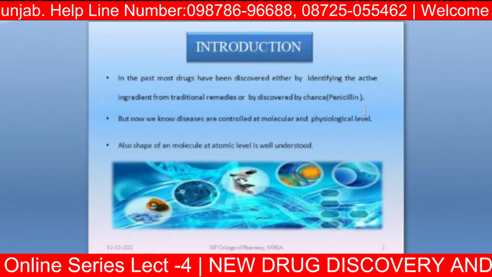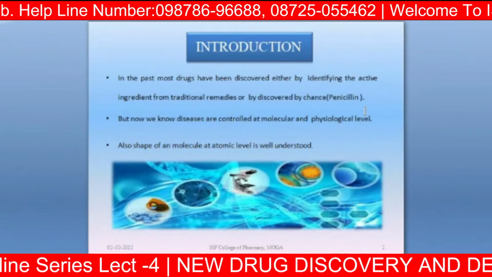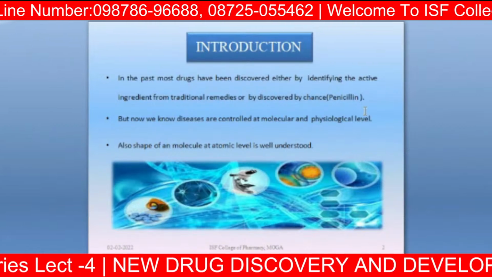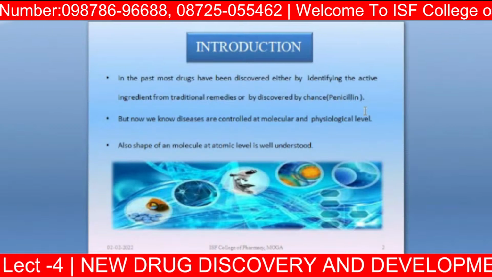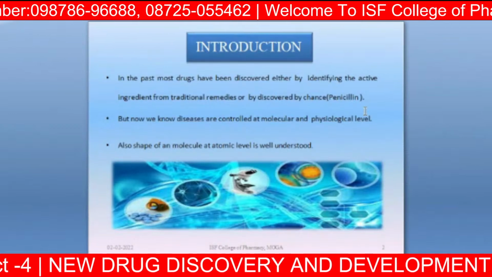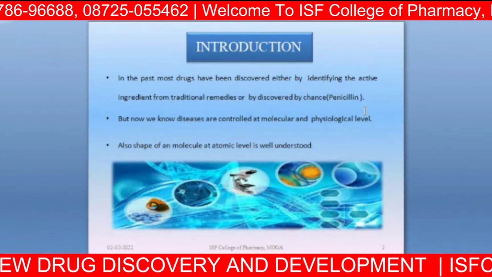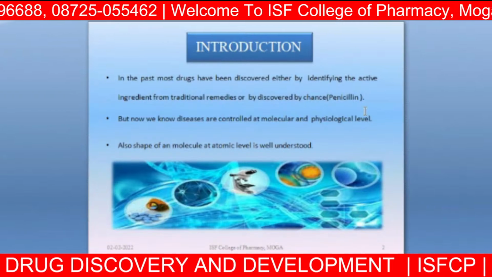In the past, most drugs have been discovered either by identifying the active ingredients from traditional medicines or by chance discovery. So, from this statement, we observe two types of discoveries.